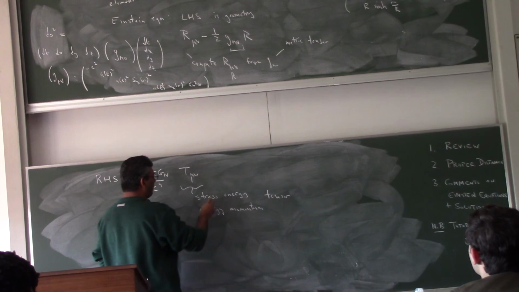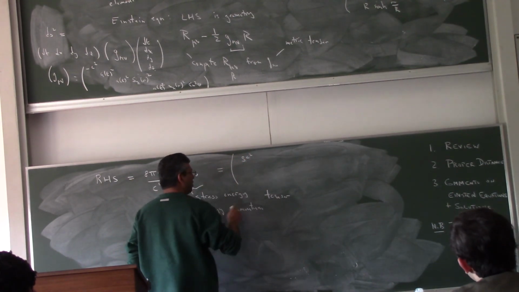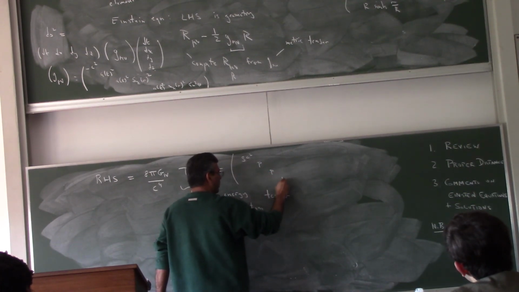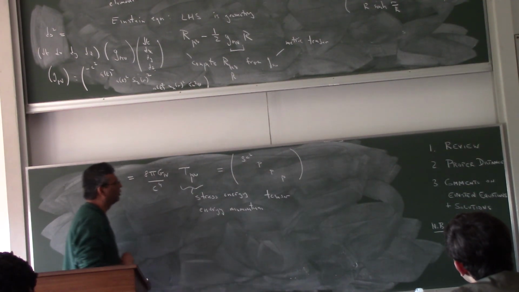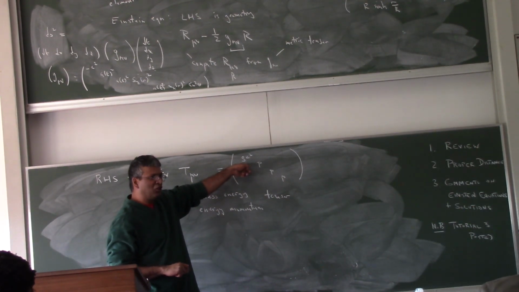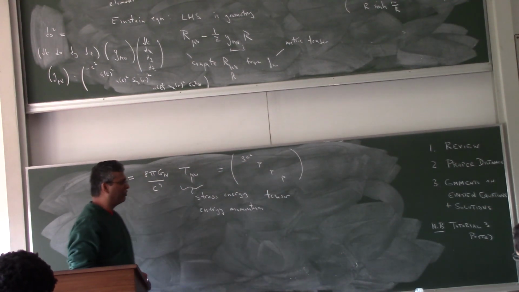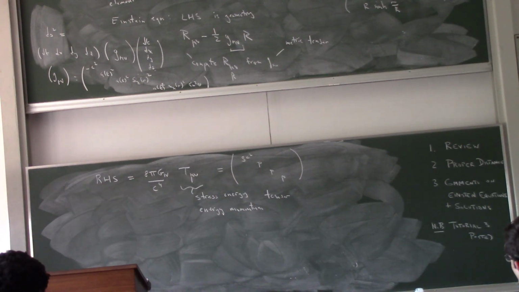For our purposes, it'll turn out that this tensor looks like this. It's a diagonal tensor with a term rho c squared, which tells you about the energy density, and 3 more terms in spatial directions to tell you about the pressure. So solving this equation, left-hand side equals right-hand side, is solving for a space-time which satisfies the Einstein equations.